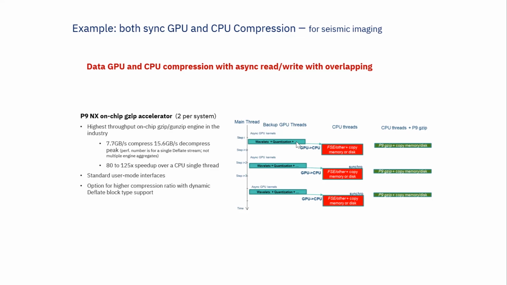There is some very high level quantization of the wavelets that is made. It's already, I think, about 10% that remains after this quantization, and then the data is moved to the CPU.